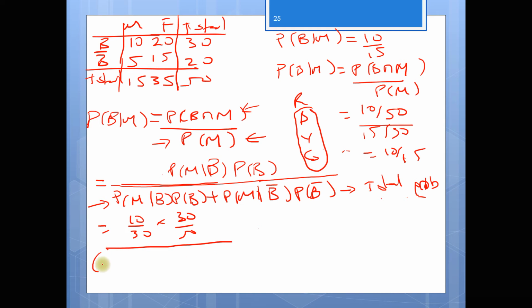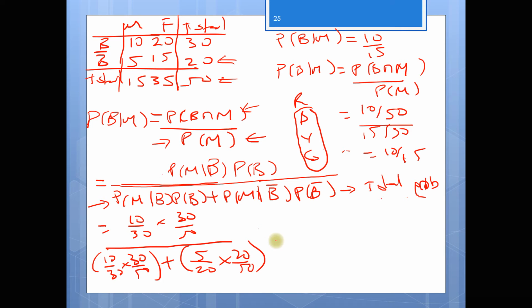My denominator, as said, repeats the same thing here, plus probability of M given B dash. So the probability that a student is a male given is not wearing black. Among those who are not wearing black, you had 20 people. How many of them are male? You have 5 here. Multiplied by the probability of B dash, that is how many are not wearing black. It is 20 out of 50.